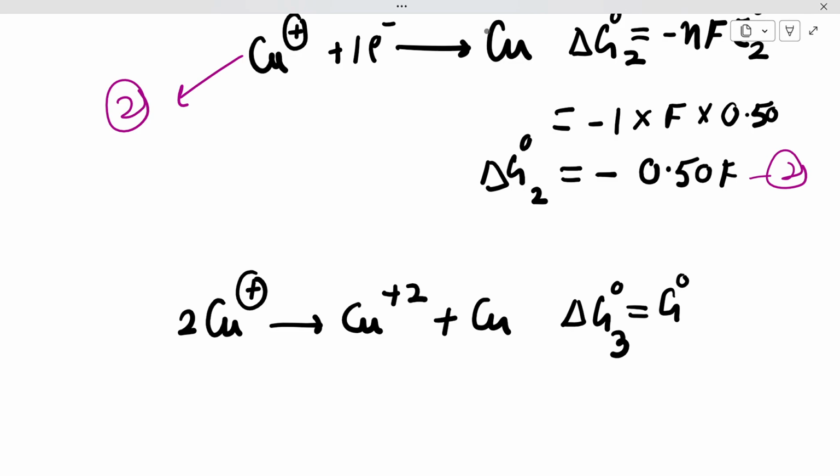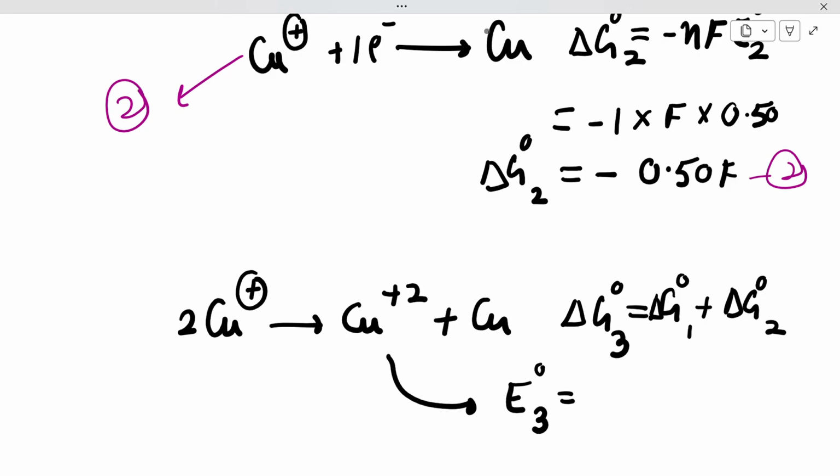The delta G naught of this reaction, delta G naught 3, because we are adding the first and second reactions, will be equal to delta G naught 1 plus delta G naught 2.